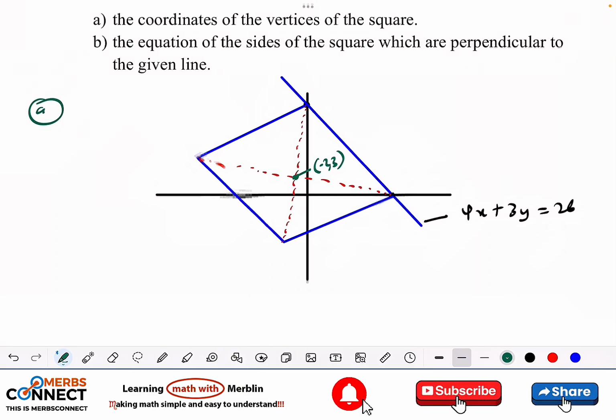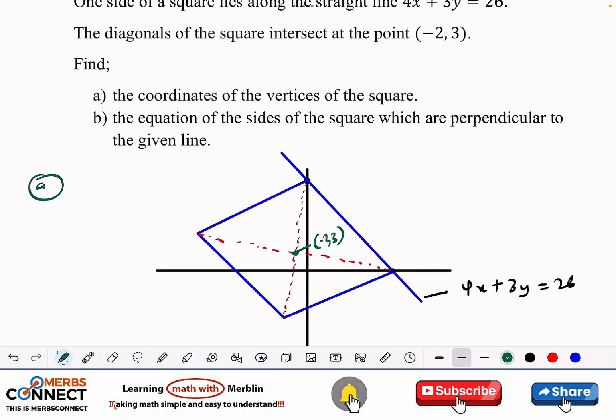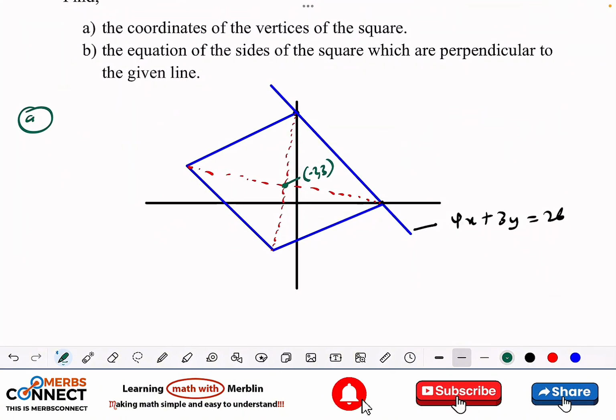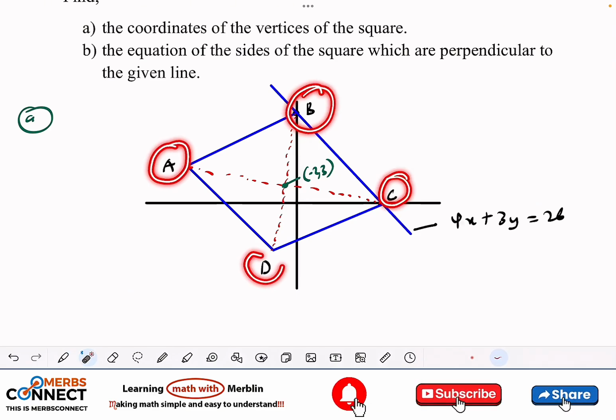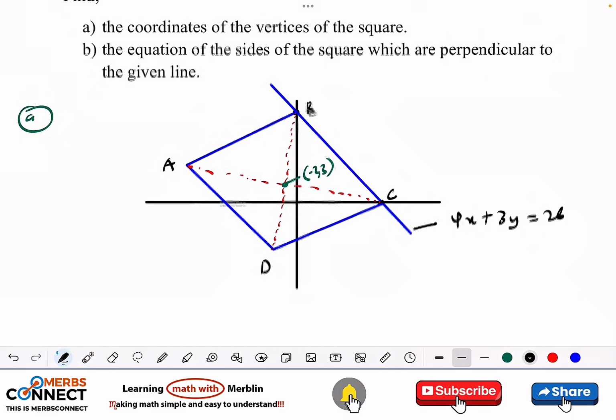So we are assuming that those are the diagonals. So the question is now we need to try and find the vertices. We are assuming that this is A, this is B, here is C, and here is D. So the question is how to find the coordinates for this, that, and that. And this is very interesting. That's what we are going to do here.